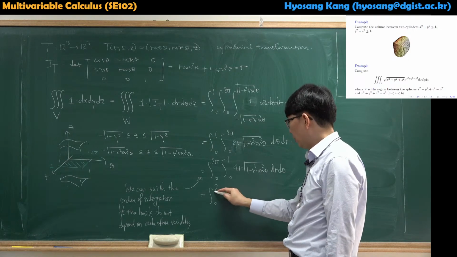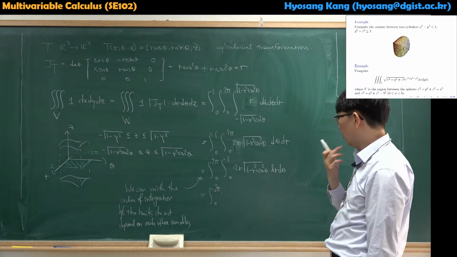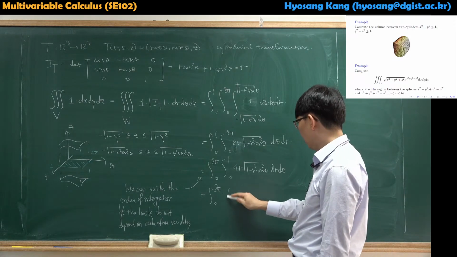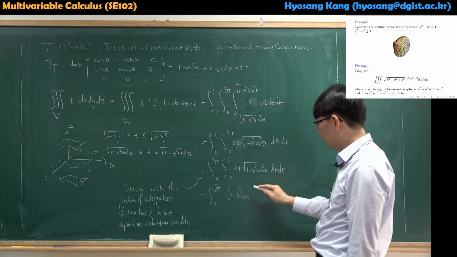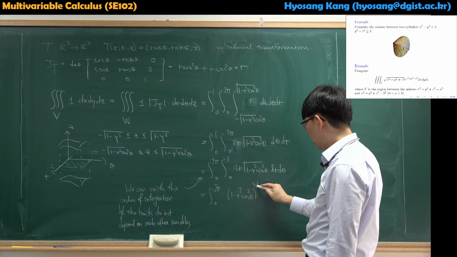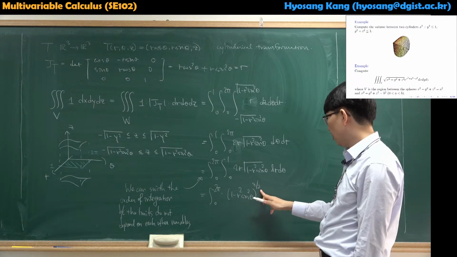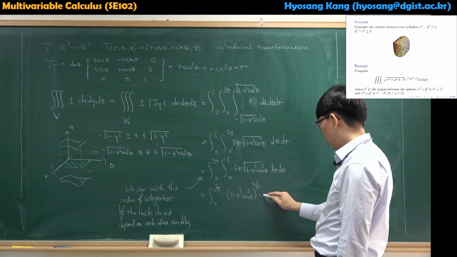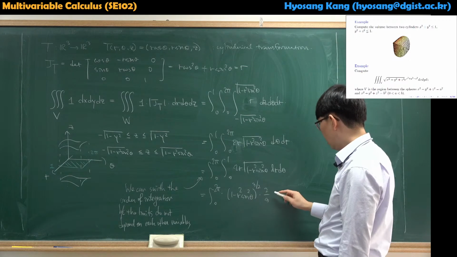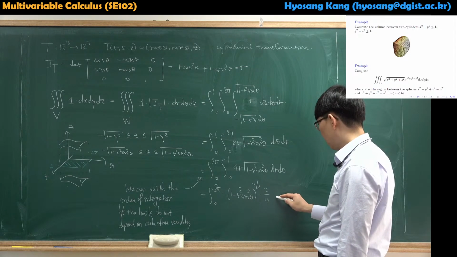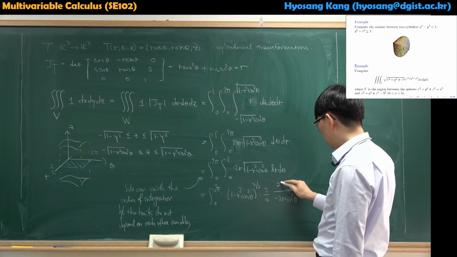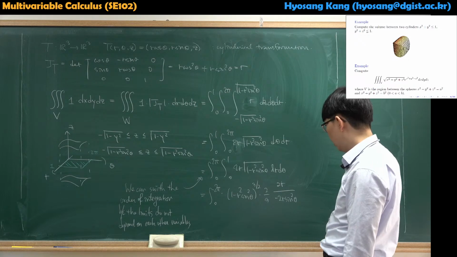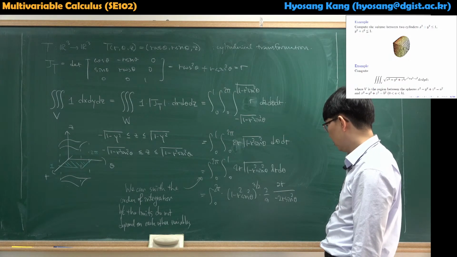So from 0 to 2 pi, how do I integrate square root of 1 minus r squared sine zeta? So zeta is considered as constant, so we get the power 3 over 2, and then 2 over 3, and then minus 2r sine squared zeta, 2r, right?